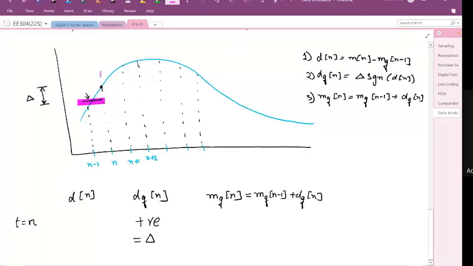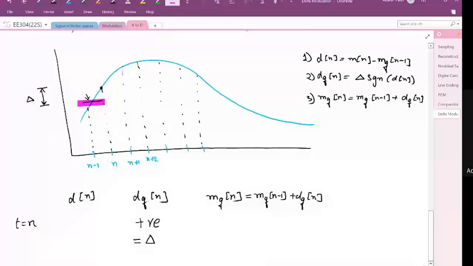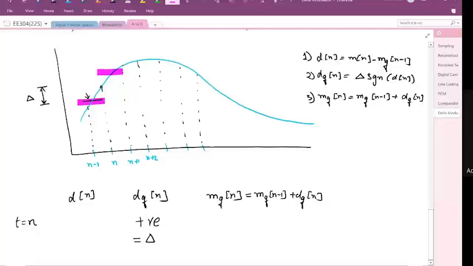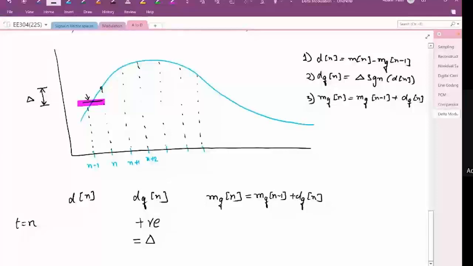Now the current value would be this, whatever the del size. Are people able to follow what I'm saying? So this would be the value.